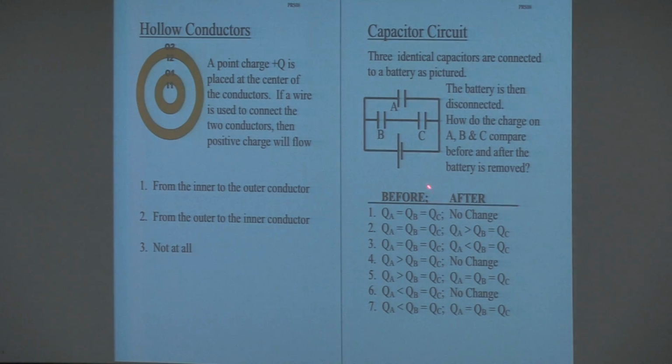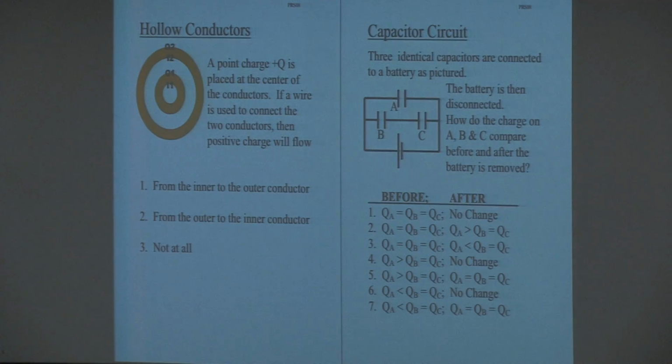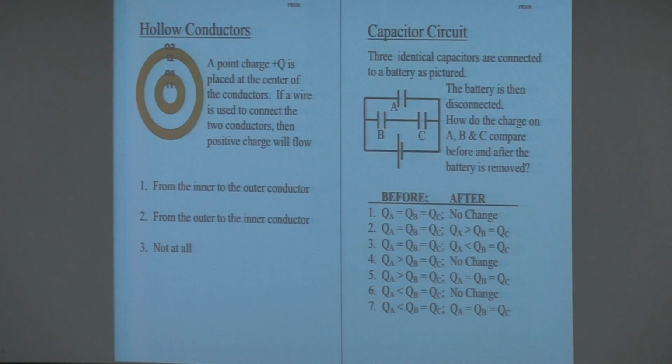You just remove the battery. Before you remove the battery, what happens to the charges? After you remove the battery, what happens to the charges? So are all the charges in all these capacitors the same? Which one is larger than which other one before you remove the battery and after you remove it?